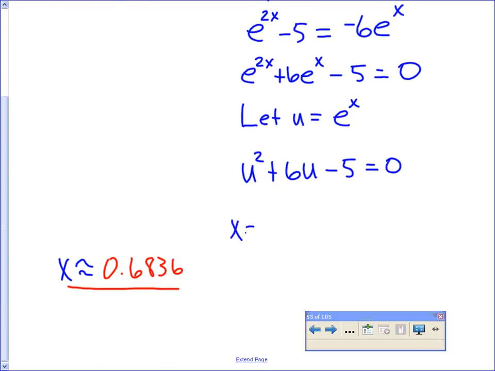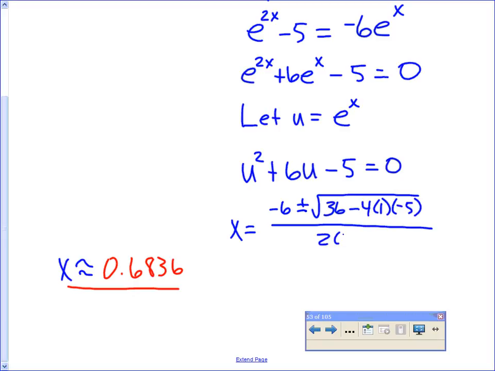Okay, so x is going to be equal to negative b plus or minus the square root of b squared minus 4 times a times c, and that's going to be over 2a. And when we simplify this, we end up with negative 6 plus or minus the square root of 56 over 2.